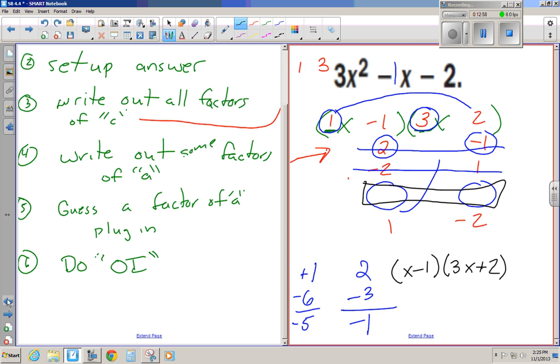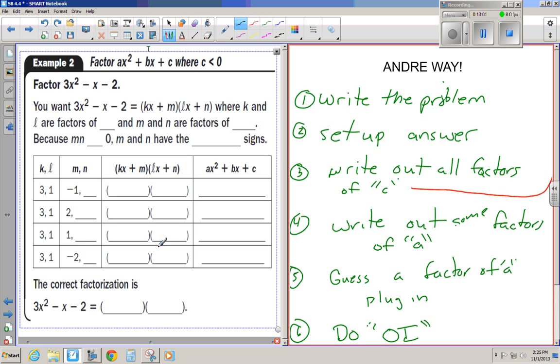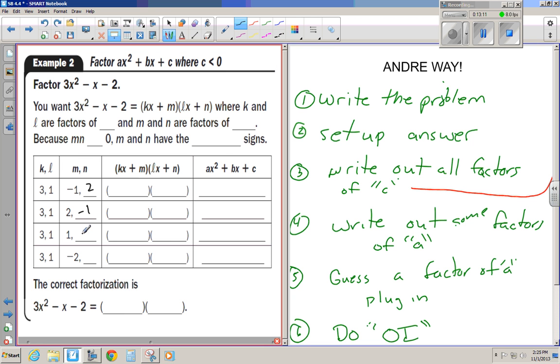So that's how I set it up. I think it's less work than this table. Because this table involves all the factors of KL. All the factors of 2, this would be 2, -1, -2, 1, which is what I did. But then it actually has you write out all of the possibilities. So you could have a 3x minus 1 and an x plus 2. You could have a 3x plus 2 and an x minus 1.